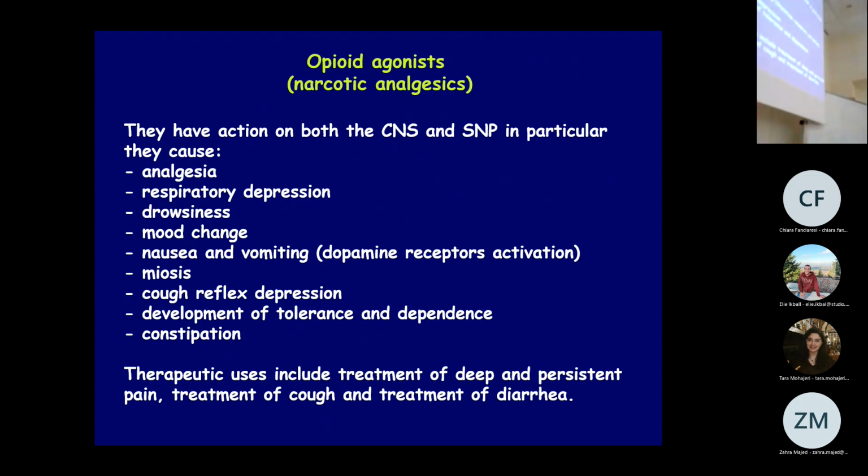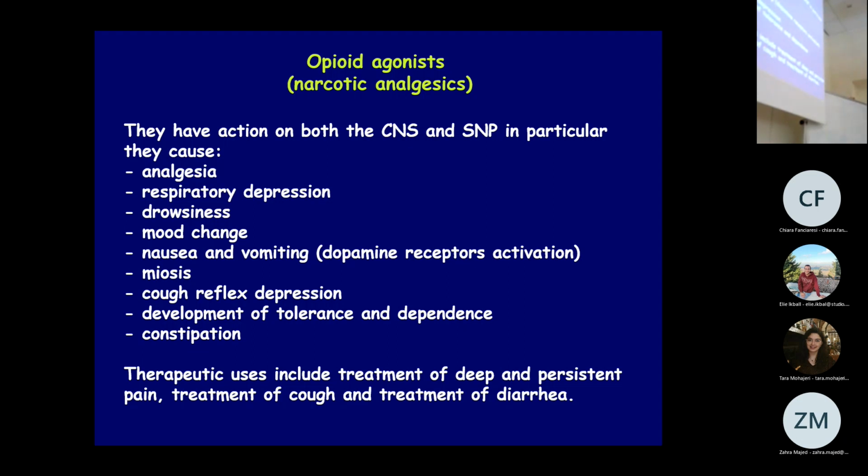Also, these opioid agonists are able to develop tolerance and dependence, and constipation. Constipation is the block of the intestinal muscles, and so they can block the activity of the intestine in the case of strong diarrhea.